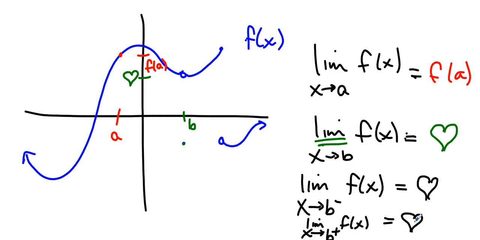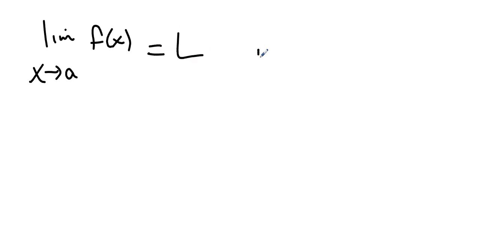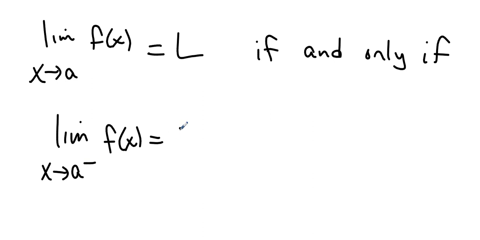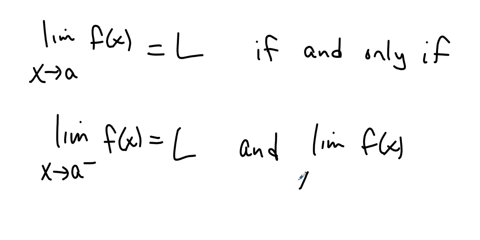And so it is fair to say, and in fact we will say, that the limit of f of x as x approaches a is L if and only if the limit of f of x as x approaches a from the left is L, and the limit of f of x as x approaches a from the right is L.